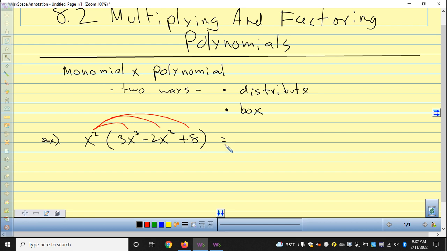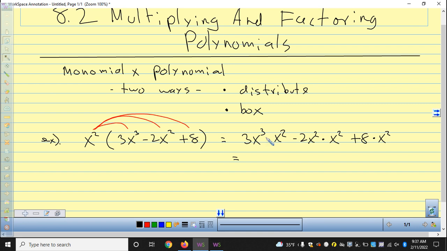So I'll write this out. That's 3x to the third times x squared minus 2x squared times x squared plus 8 times x squared. Everything multiplied by x squared. And now we're going to simplify this. Well, here I have x to the third times x squared.